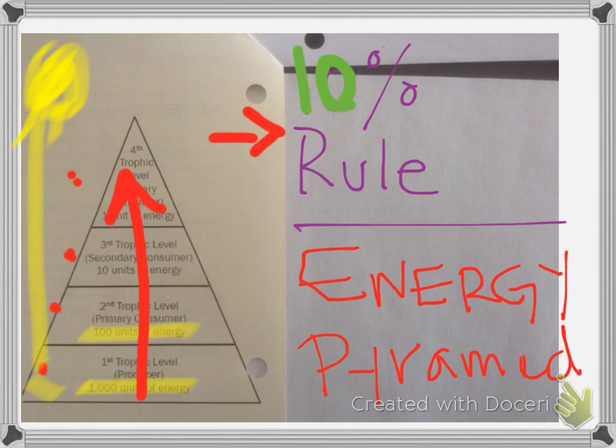So at some point, there's just not enough energy left in the ecosystem to actually support this particular chain, which is why food chains only have 4 or 5 organisms in them. We're not going to see a ton of organisms. So this is just a great overview of some of the different components of energy flow within an ecosystem. Next, we're going to talk about how we can limit the number of organisms in an ecosystem.